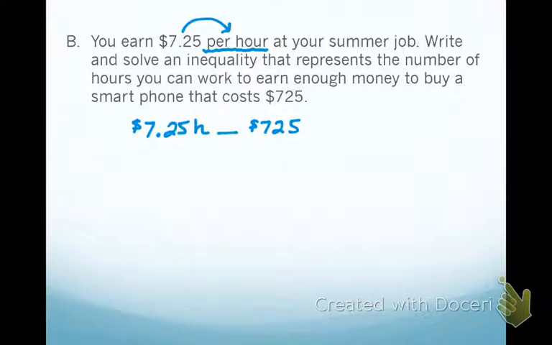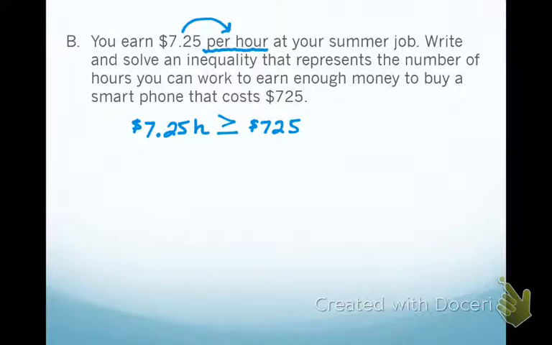Now the next thing, if you had $725, would you be able to buy it? And if you had less than $725? No. So you would need this to be your greater than symbol. Now, is my variable alone?